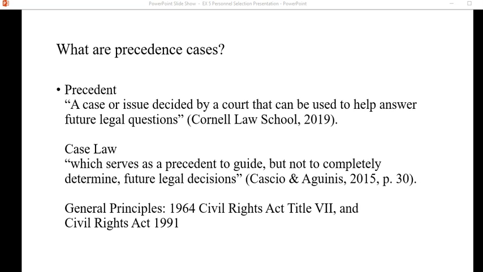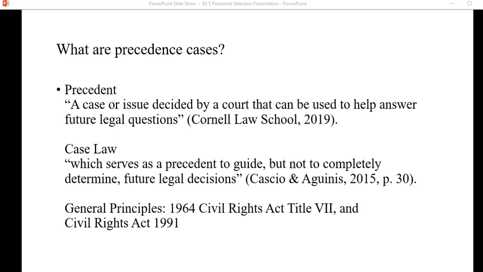As we see, case law serves as a precedent to guide but not to completely determine future legal decisions. In other words, just because of a case, for instance, as we saw last time, the Griggs case, in future cases the court cannot simply refer to that case and decide the current case.